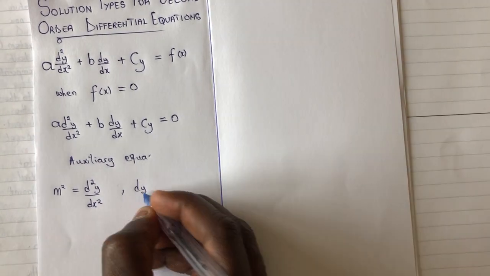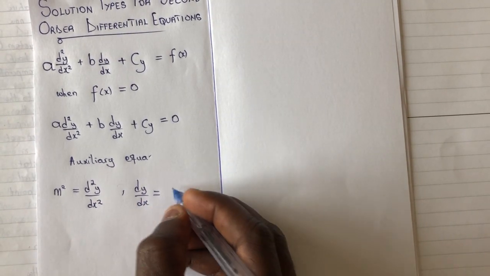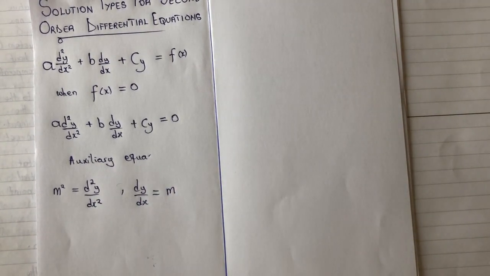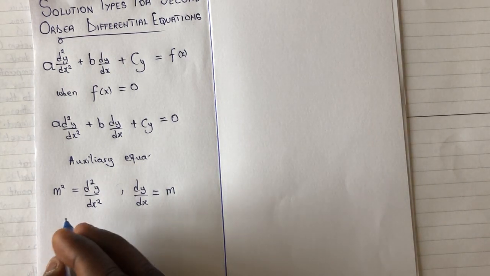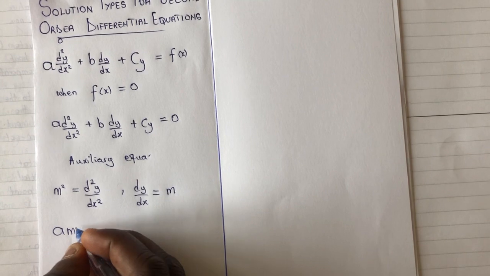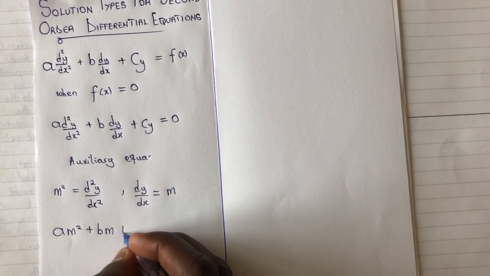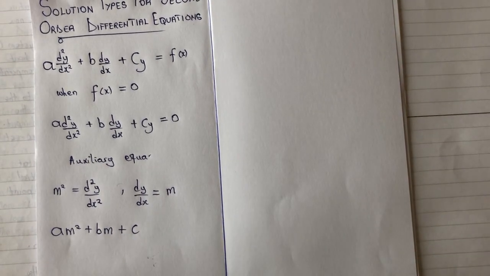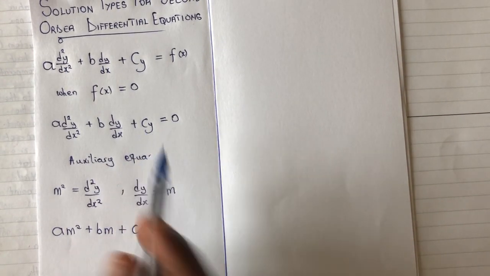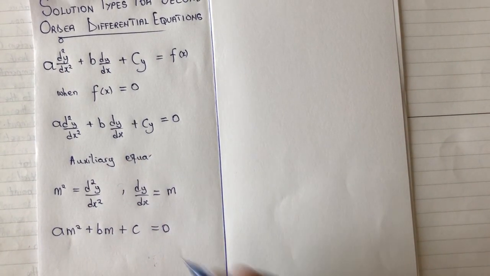And then dy/dx will be equal to m. So that when I substitute m back into the equation, I will get a m squared plus bm plus c, forgetting y, don't work with y, equal to 0.